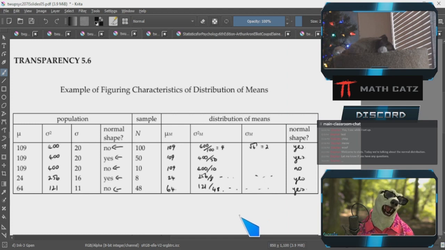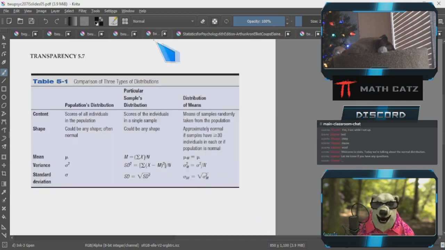So 30 is my cutoff. If I have a large enough sample, I do not have to worry. It's normal, the comparison distribution. So that is very convenient. Okay, so keep that in mind. Right now, we only know how to handle a comparison distribution that is normal. So if it's not, then more advanced things are needed that we can't address all at once, of course. So just to sum it up, here we have the population distribution.